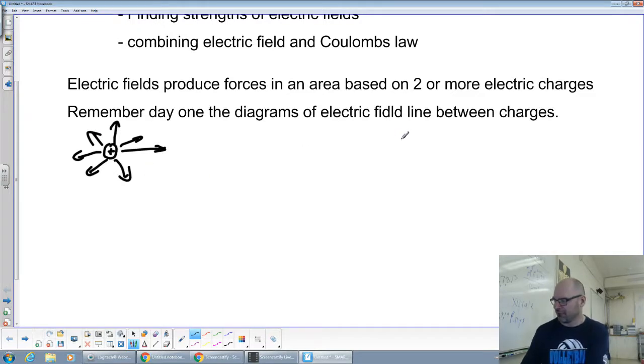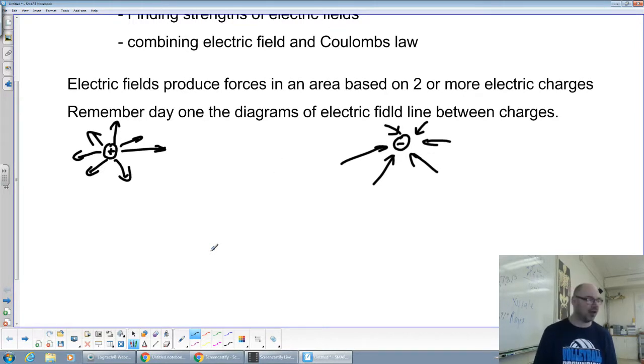If we had a negative charge, they kind of point in. Okay, and then we also drew diagrams of two charges apart and stuff like that. So we also did that as well. That's included there as well. So don't forget that part, but you can look back and see that. Just a little reminder. Okay, so we're going to talk about an electric field strength first of all.